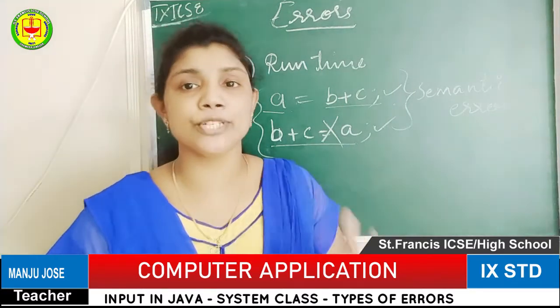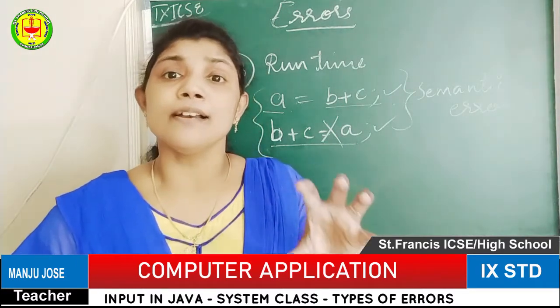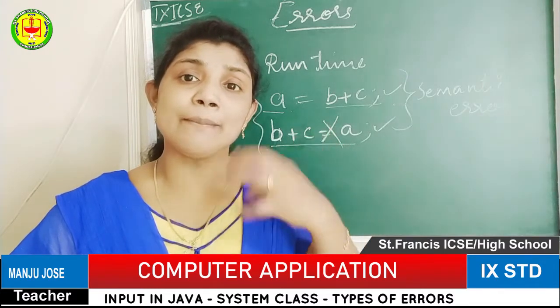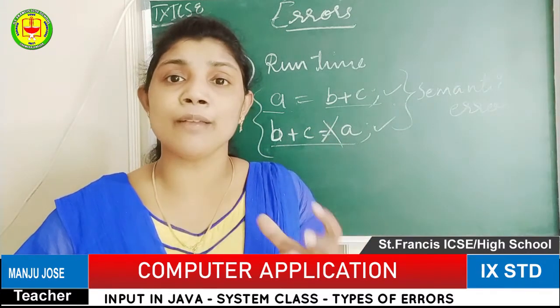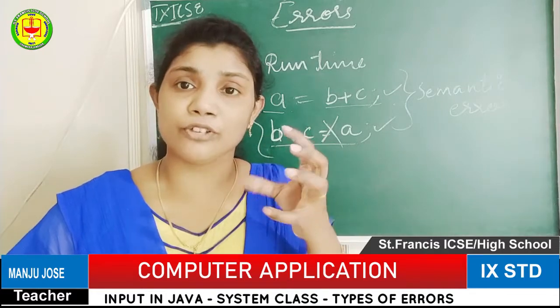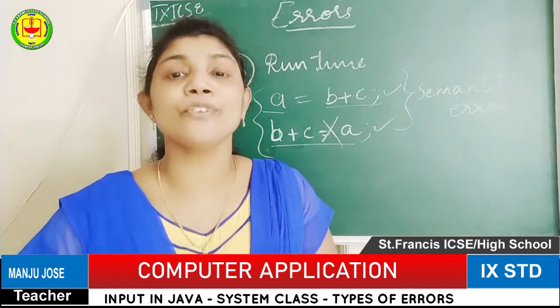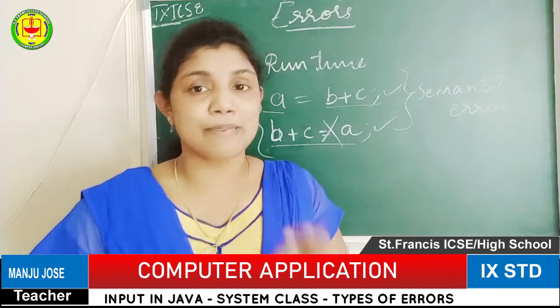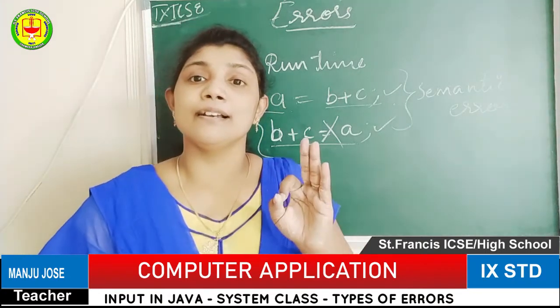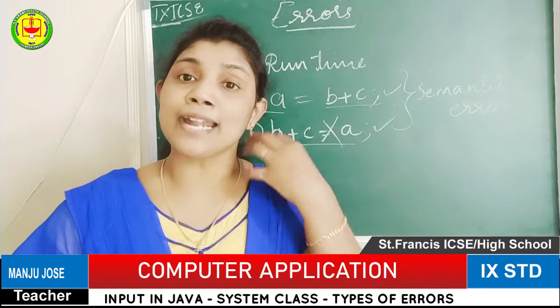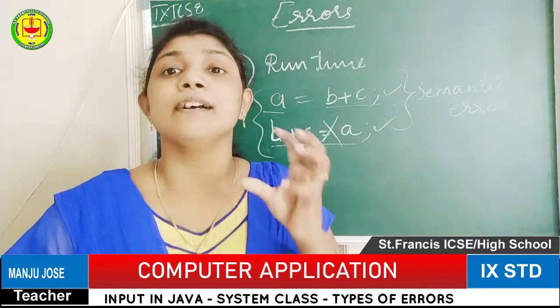The second one is a logical error. The logical error means we are making mistakes while writing the program. That is a concept problem: the logic we are using is itself wrong. So that kind of error is known as a logical error. And the speciality of the logical error is that the system cannot find it.